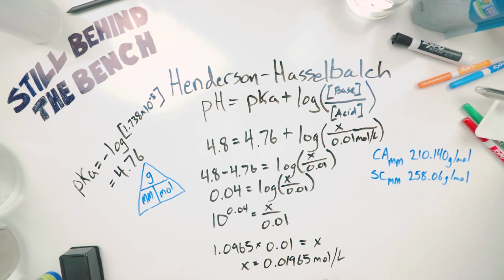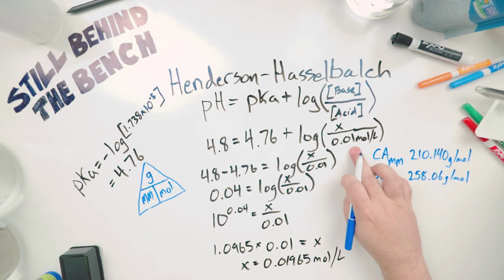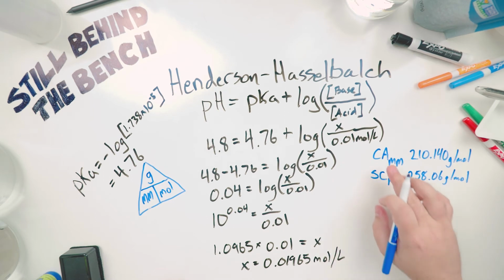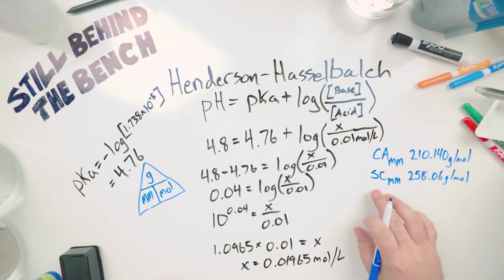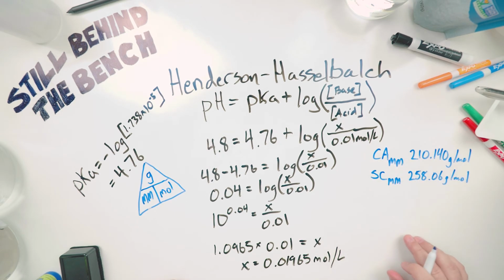So all we do is we multiply this number and this number by the citric acid molecular mass and sodium citrate molecular mass.